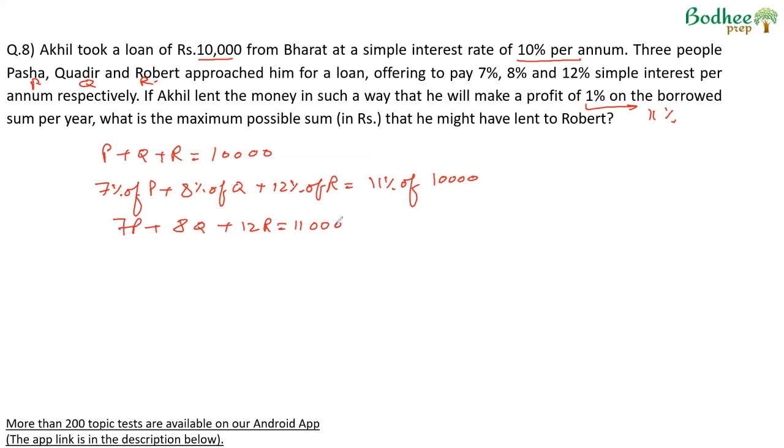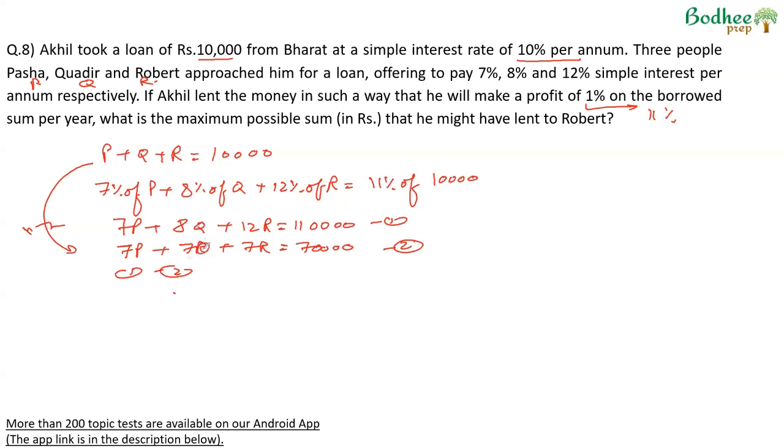I write this equation again, multiplying the first equation by 7. 7p plus 7q plus 7r is equal to 70,000. If we subtract these two equations, equation 1 minus 2, we will get p cancel.